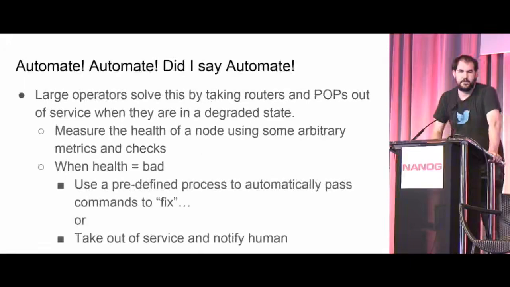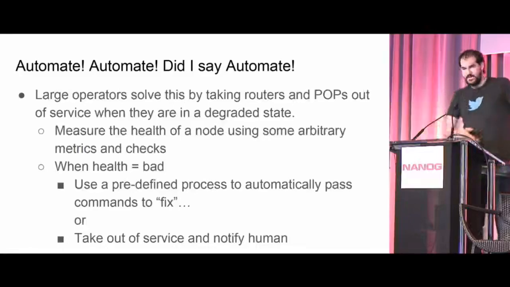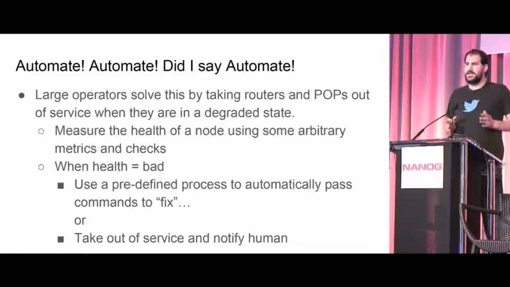So obviously the real solution here is to automate. And if you're a network like Twitter or anyone our size, you're going to have the resource and you will have automated to the point where you can say that there is some arbitrary check that is happening. And if that check fails, you're going to take some action.